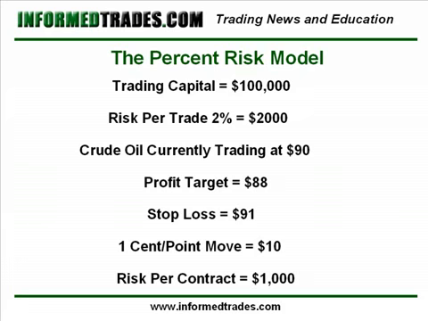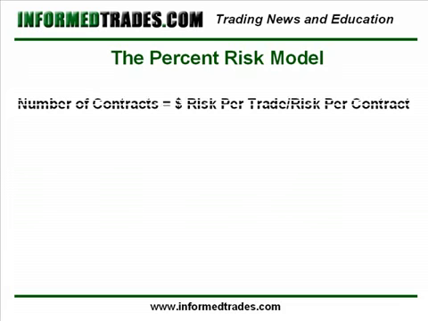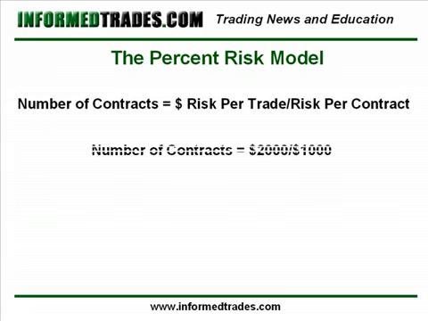Okay, now once you have that information, it's pretty easy to determine the contract size. The formula basically goes like this: the number of contracts equals the dollar risk per trade divided by the risk per contract, which we have from the last slide.